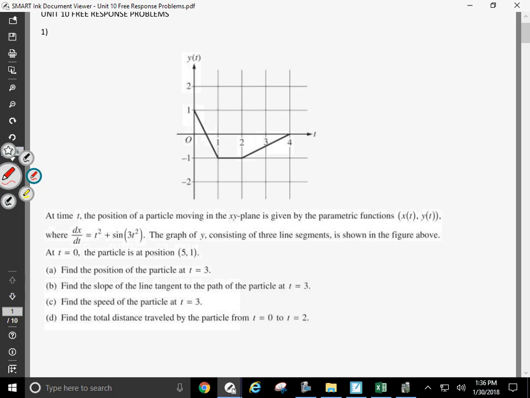I'd like you to see if you can do part A, B, and C. Read the question carefully, like always. Make sure you know what you're given, and then you can check your answers on your free response packet that has the answers. Skip D. We do not know how to do D yet.